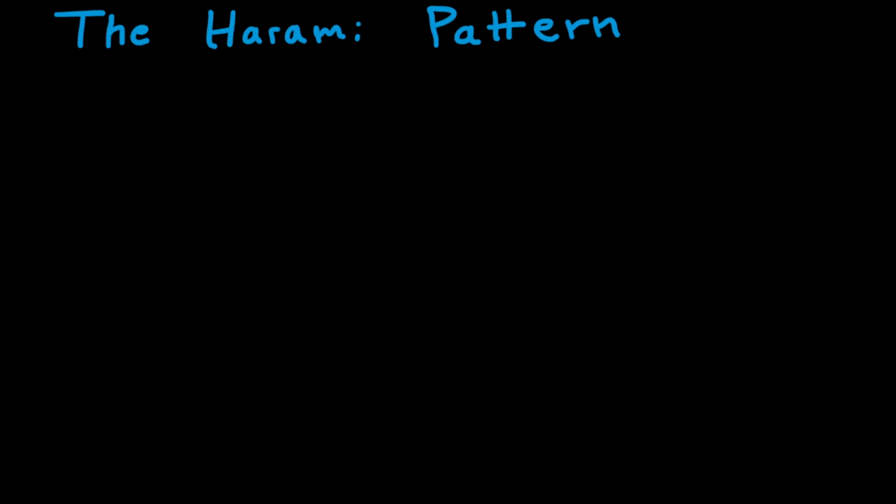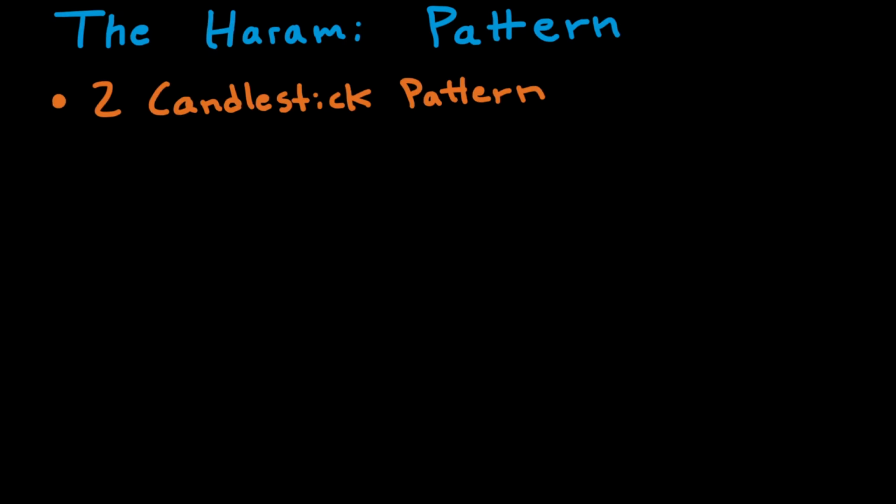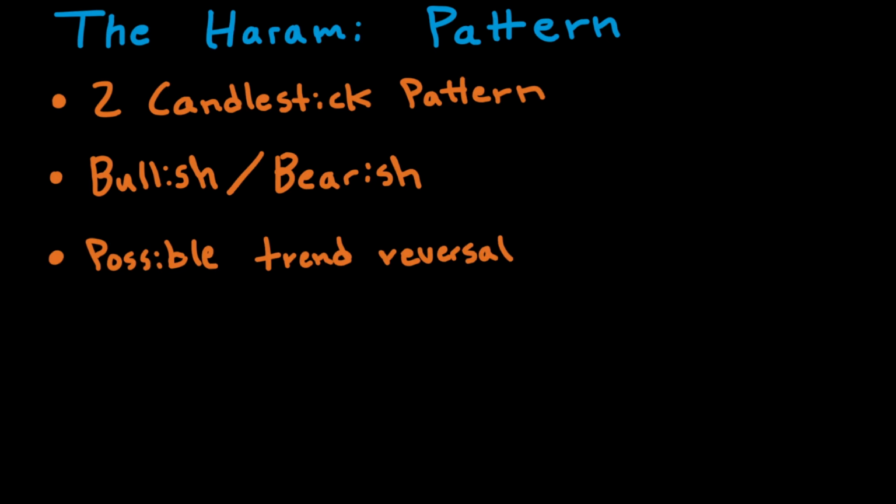So the Harami pattern, what is it? Well, it is a two candlestick pattern, so a pattern that consists of two candlesticks. And the pattern can be either bullish or bearish depending on where on the chart it appears and how it looks. And the Harami pattern might indicate a possible trend reversal.